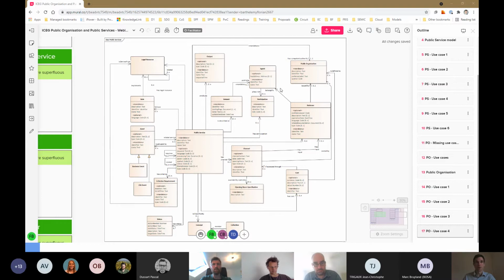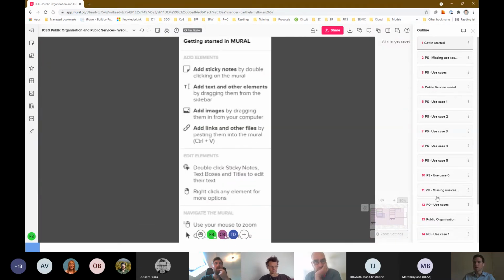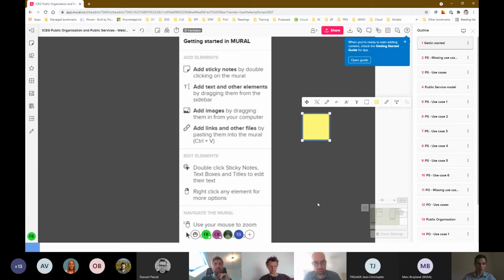But normally, once you enter Mural, you can see on the right side of the screen an outline. And this is something useful to navigate the exercise we'll be doing. And as a small reminder of Mural, if you want to contribute by adding a sticky note, you just double click and a sticky note appears. You can type any text and change the shape and the size of the sticky note by dragging.